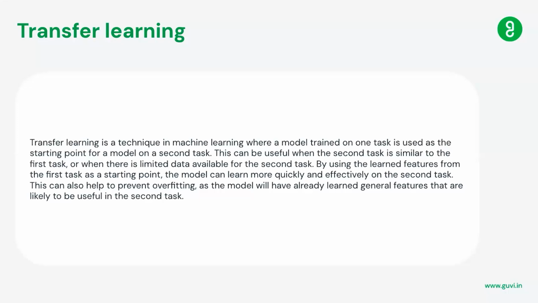Since it's uploaded online, we can download it, use it on our systems, and train it on a small section of data. We won't have millions and millions of images for our particular use case. Let's say I work with a medical research firm and I want to use it to localize organ images, but I don't have a lot of organ-related images. I might have a few hundred or a few thousand at max.